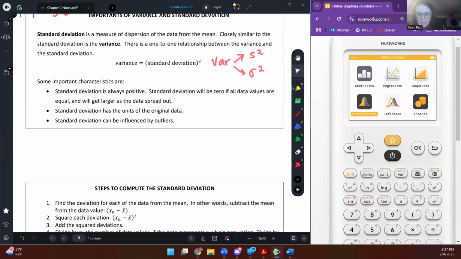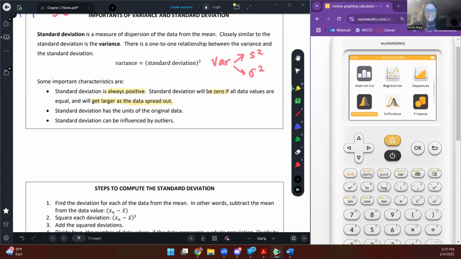Okay, a few key points. Standard deviation is always positive. Standard deviation can be 0 if all the data values are equal. And standard deviation gets larger as the data is spread out. So if every value is equal to the mean, we have 0 standard deviation.